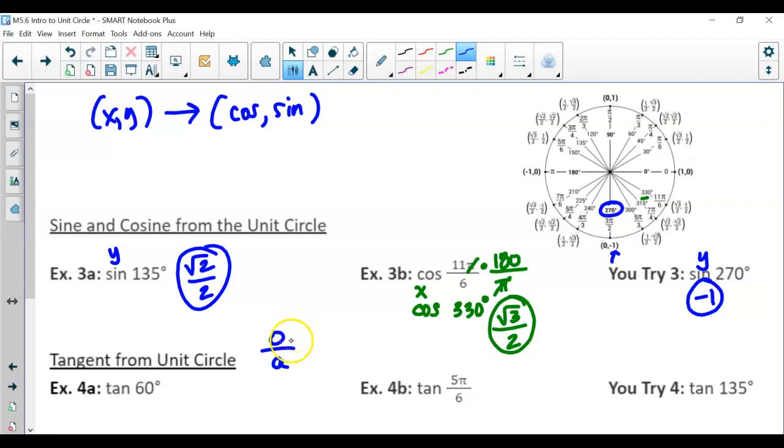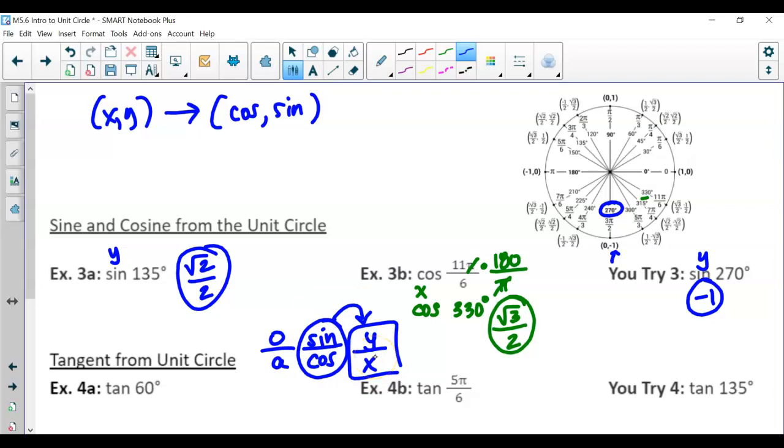So this is tangent in terms of sine and cosine. Tangent is opposite over adjacent, or sine over cosine, or what was sine? Y. Y over x. So again, tangent is sine over cosine, which is the same as y divided by x.